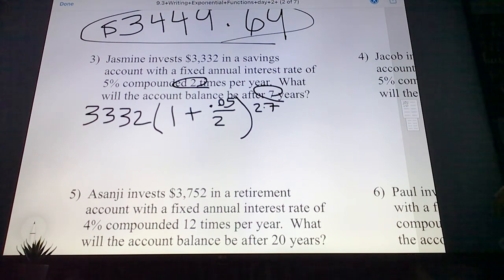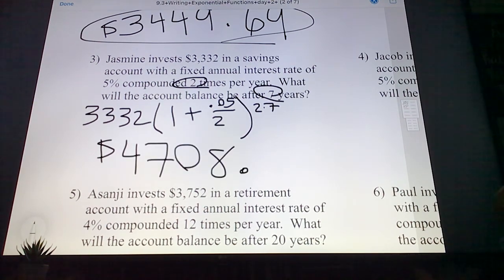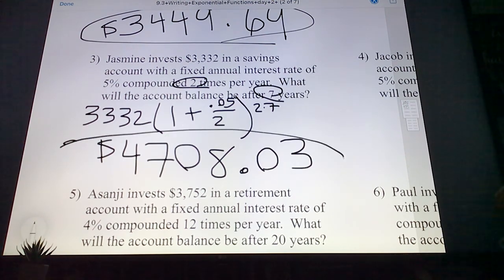Give me a second and I'll type this in. Somebody, hopefully you're double checking my math. After 7 years, she's going to have $4,708.03.